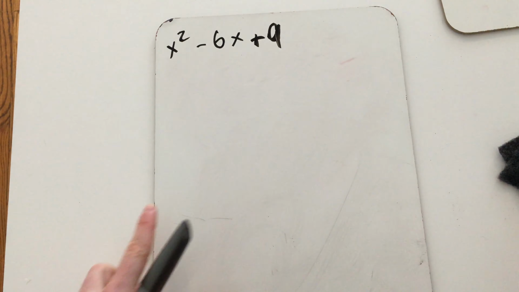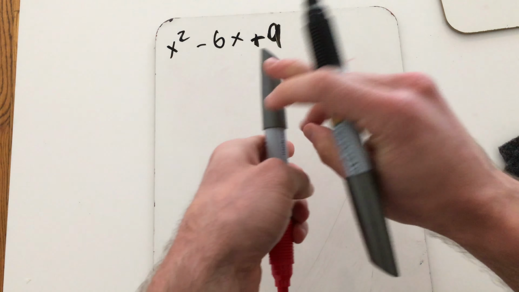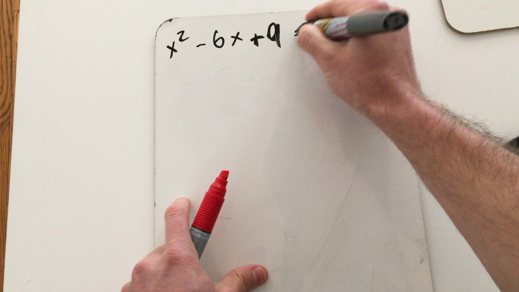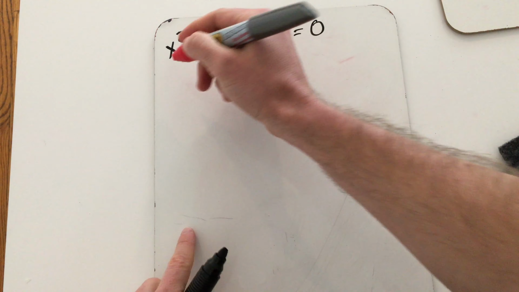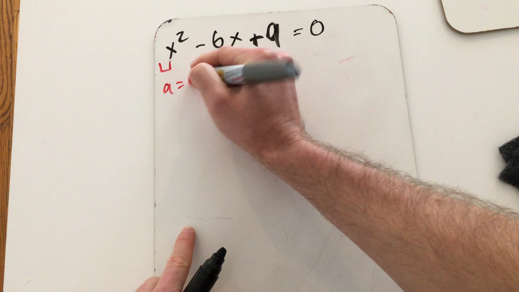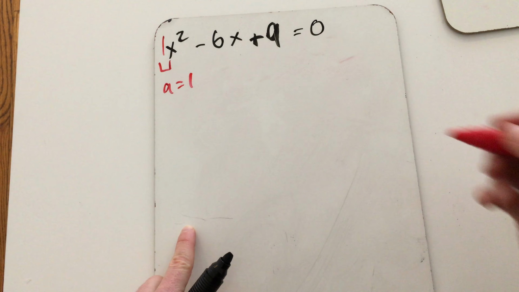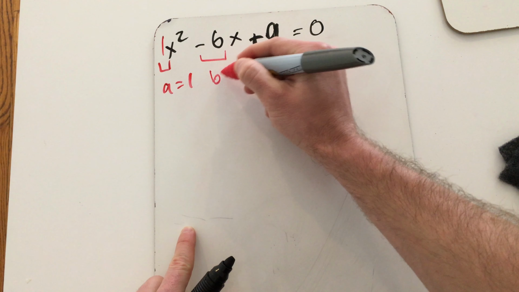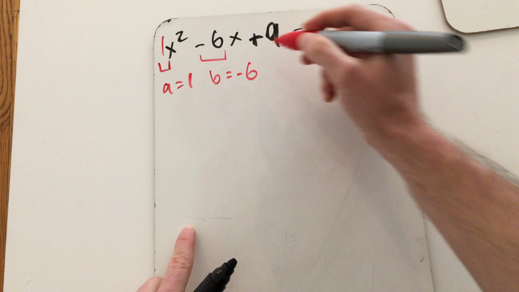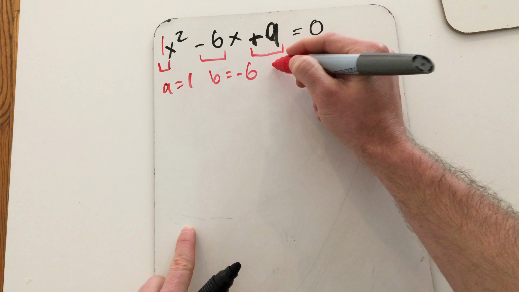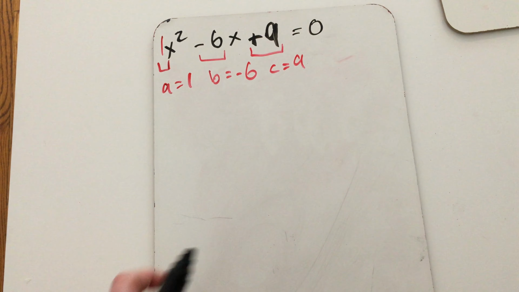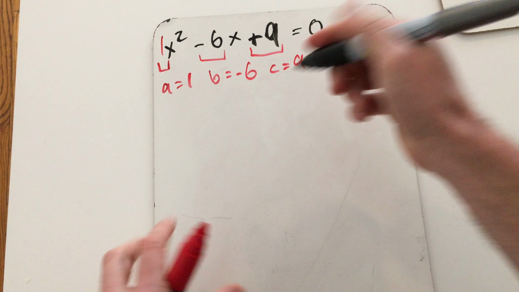All right, I think this will work. Let's check. So let's go ahead and solve this one. Our a value is 1 because there's no number in front of the square. Our b value is negative 6. And our c value is positive 9. Let's plug it in for our discriminant.